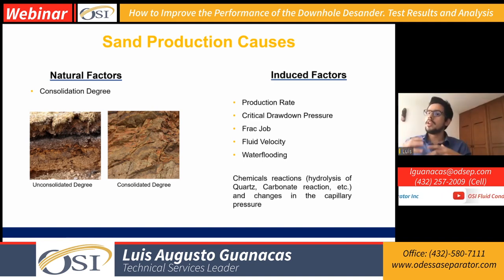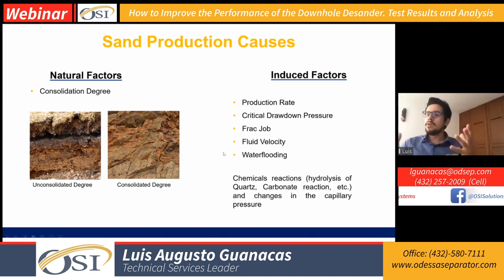So all those variables, the fact that you are removing pressure from the reservoir, then your fluid is flowing through the porous media, and you are releasing the pressure, or your formation is submitted to plastic deformation. Those variables are affecting your sand production, and those are promoting your problem.